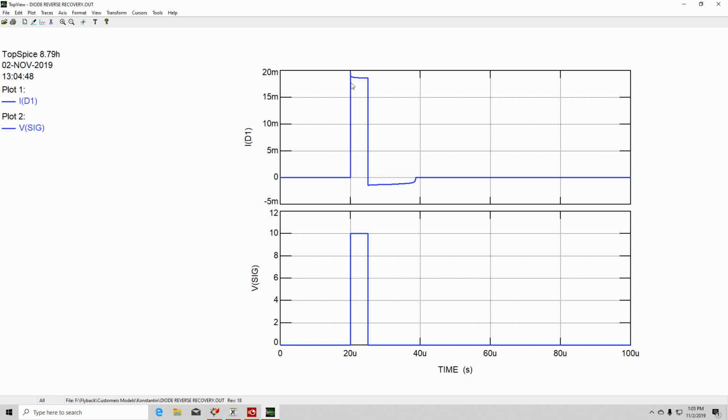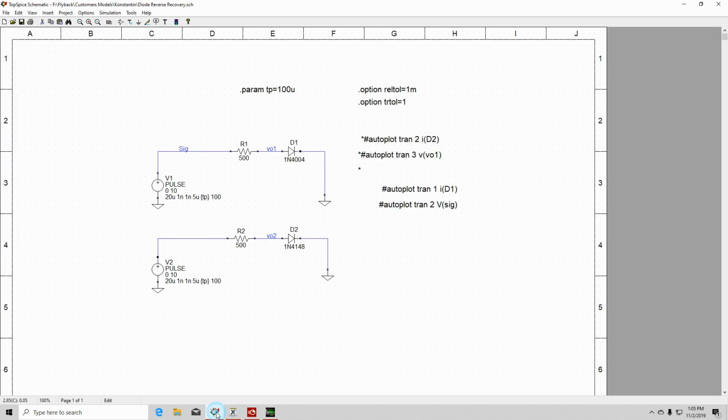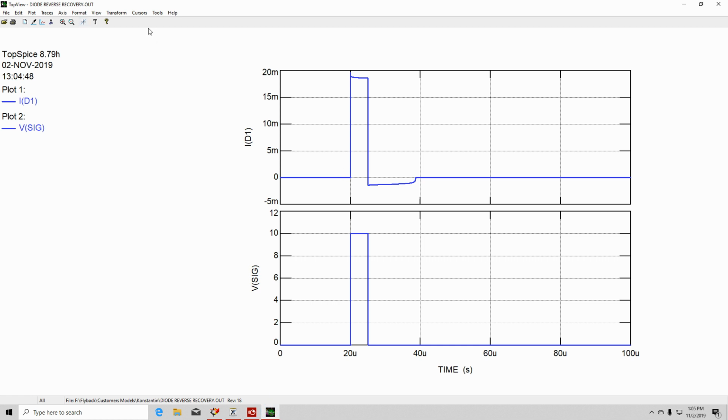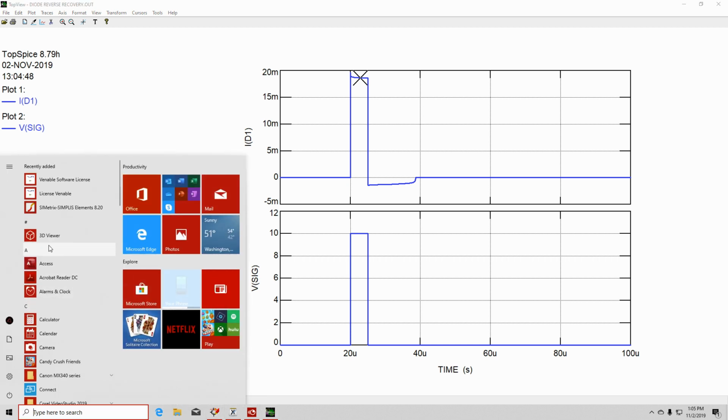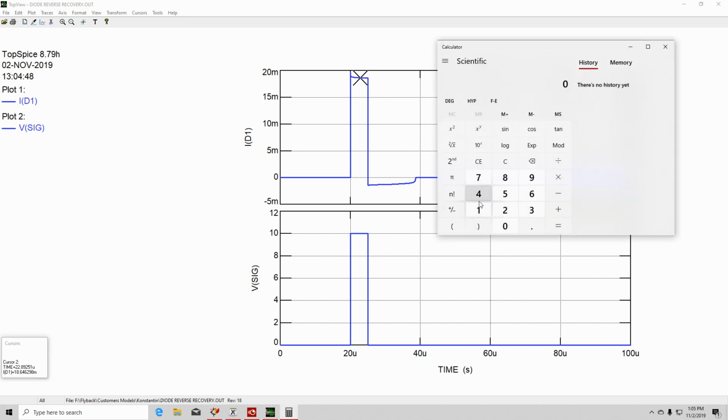Okay, so then this current should be approximately 10 minus 1 diode drop divided by that current, which is approximately about 18, 19, 18.6 milliamps. Okay, which makes sense. So it's basically 9.3 divided by 500, about 18.6. Okay, makes sense.